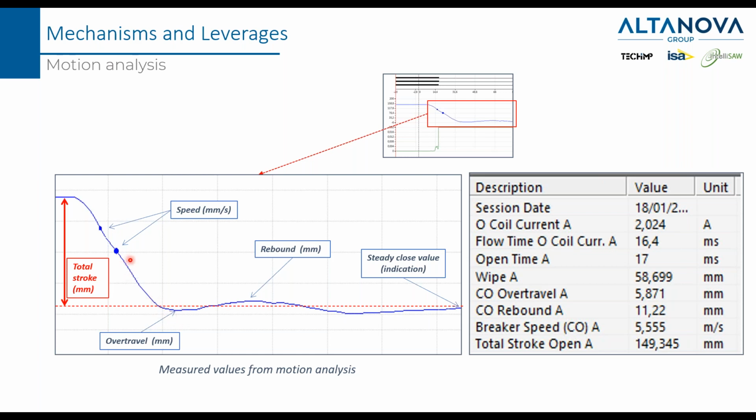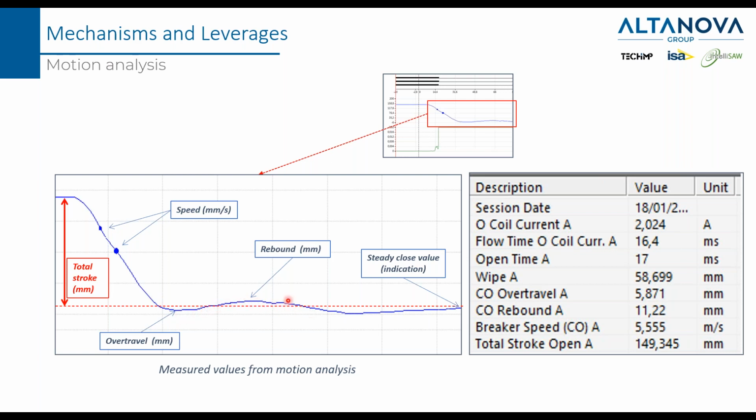This is the over travel. You can imagine the main contact is open, then you close. When they touch each other, there is a moment where one arm compresses the other. Then you go a little bit beyond the steady state.